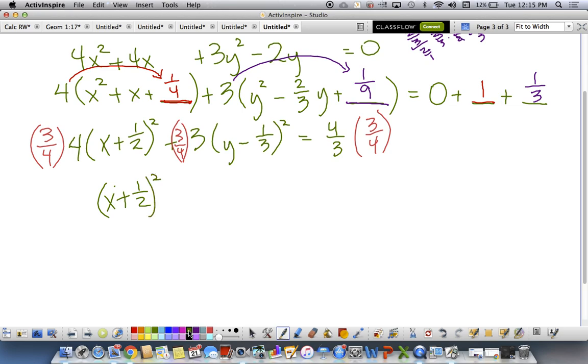Okay, so what happens with this 3/4 times 4? It just becomes a 3. They don't want it out here; they want it underneath, because it's how far you're going to move, left and right.